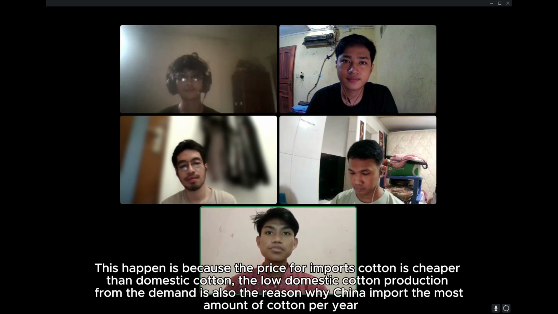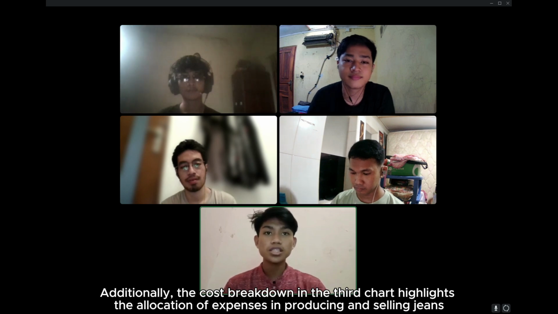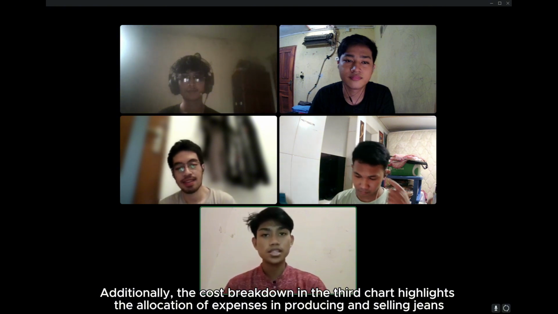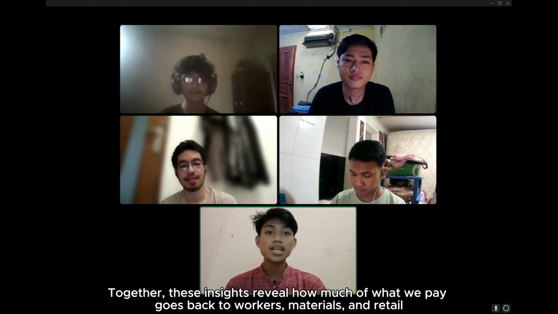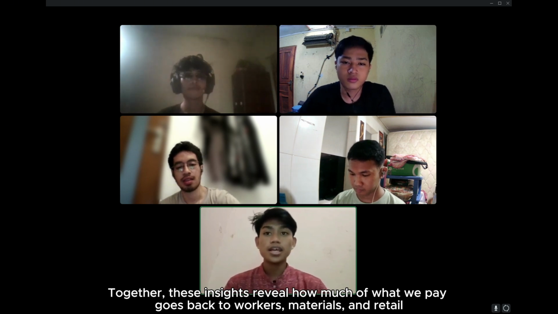The low domestic cotton production relative to demand is also the reason why China imports the most cotton per year. Additionally, the cost breakdown in the third chart highlights the allocation of expenses in producing and selling jeans. Together, these insights reveal how much of what we pay goes towards materials and retail.